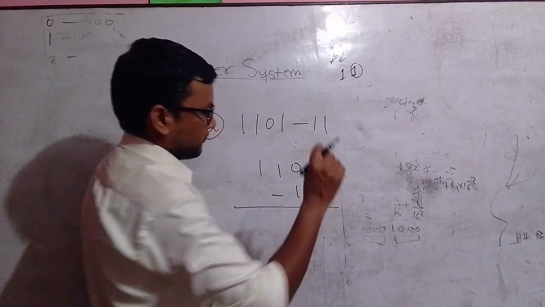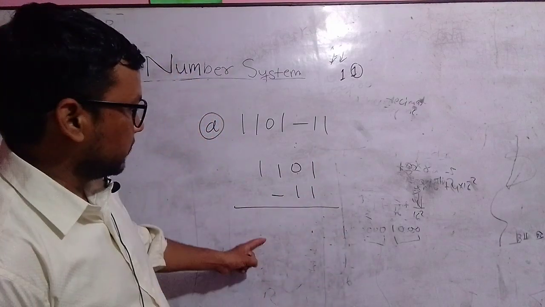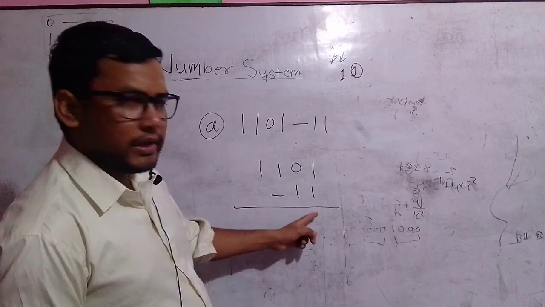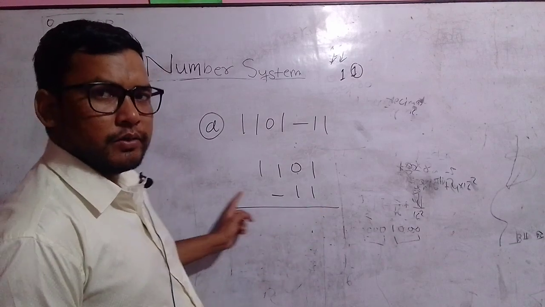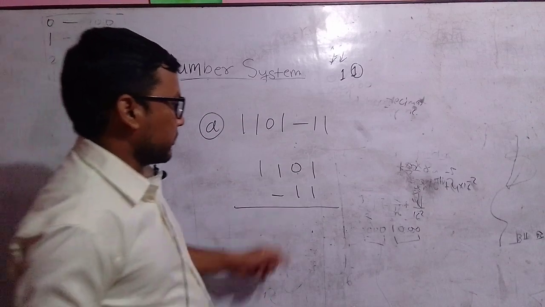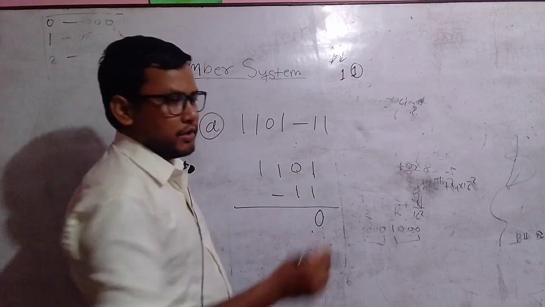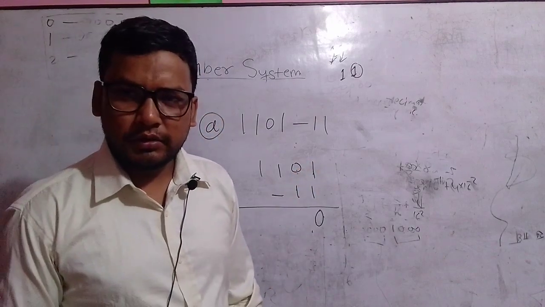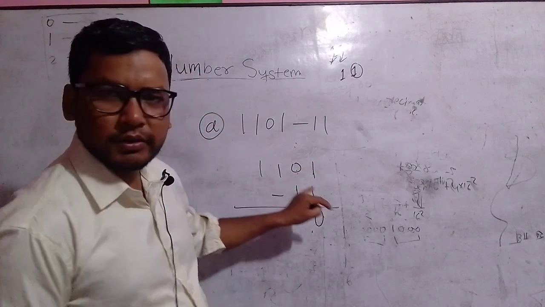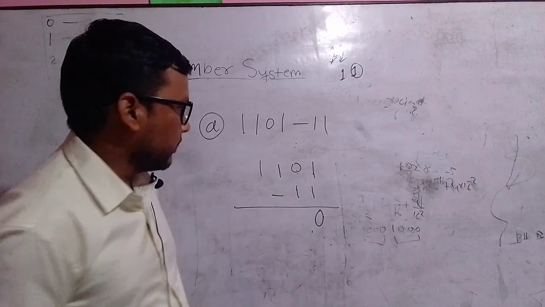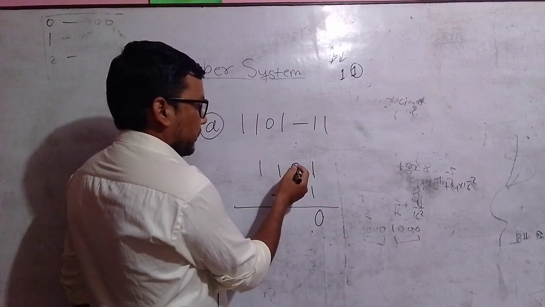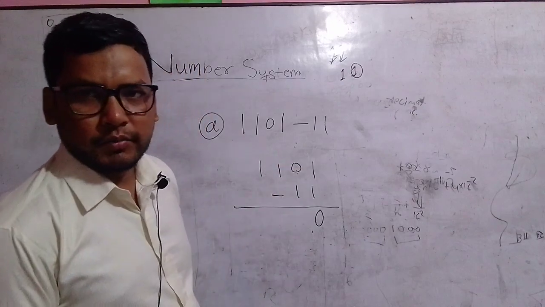Now how to perform the subtraction? We need to begin from the right-hand side to the left-hand side. Now 1 minus 1 is 0. 0 minus 1, is it possible? No, not possible. Subtracting a big number from a small number is not possible. So we need one borrow from its left-hand side number.